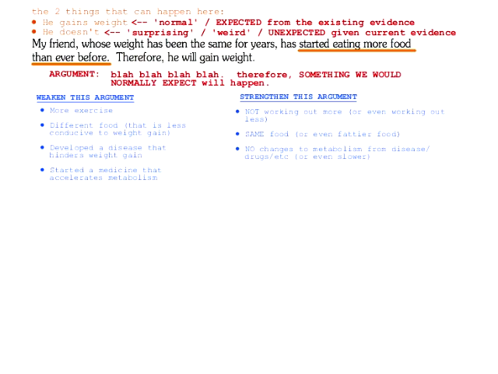In this case, the weight gain is something we would normally expect. So to weaken this, notice you are coming up with reasons why the weird thing would happen.